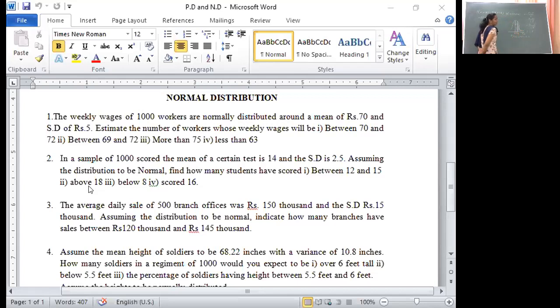That means 0 to 1.6 is repeating twice. That's why we have to exclude 0 less than or equal to z less than or equal to 1.6.